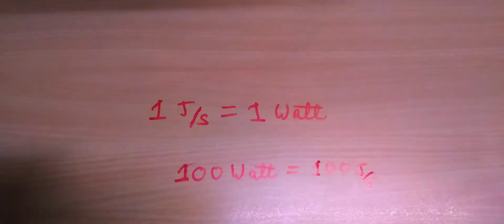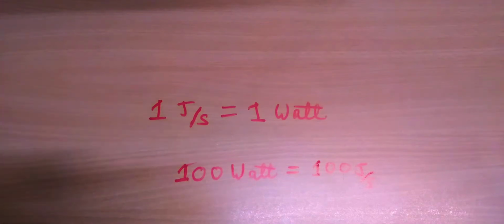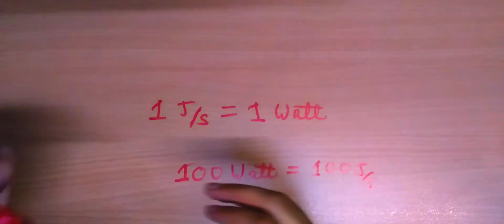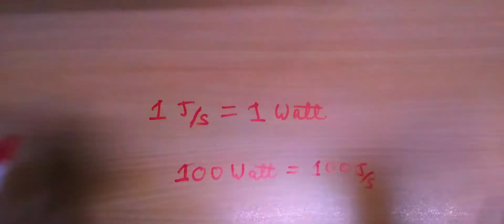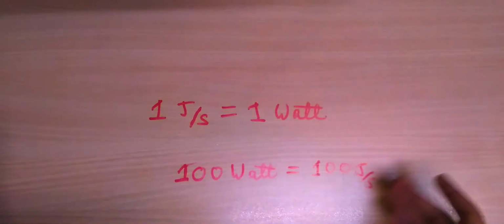Every second it takes 100 joules of electrical energy and converts it into 100 joules of light energy. Obviously it wastes some energy as heat also, but the basic idea is that it converts 100 joules of energy from electrical energy to light energy, and that's why we call it a 100-watt bulb, or a 100 joules per second bulb.